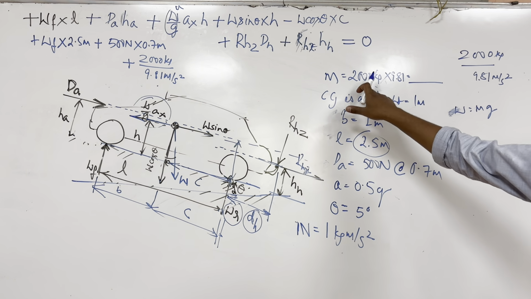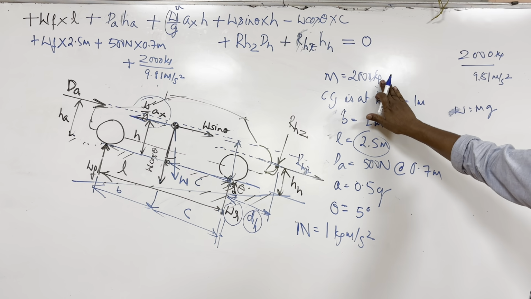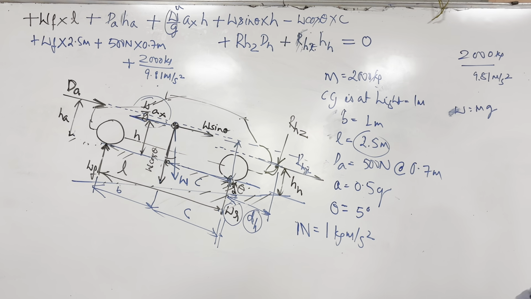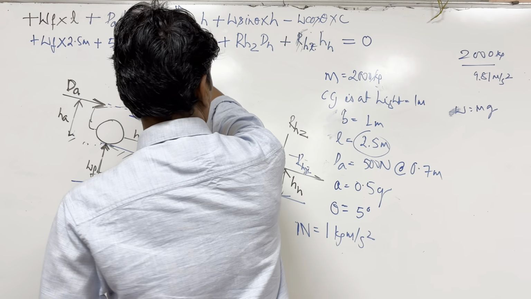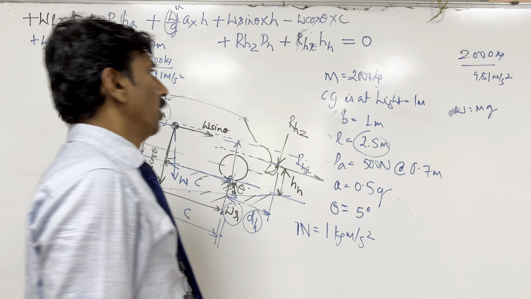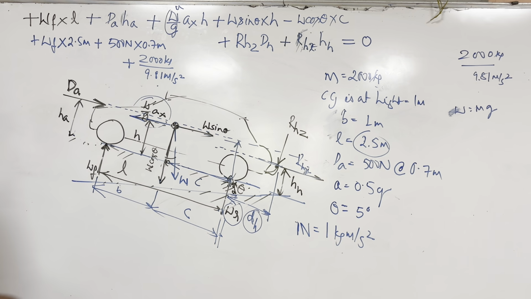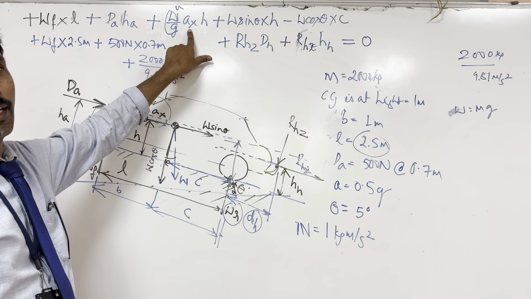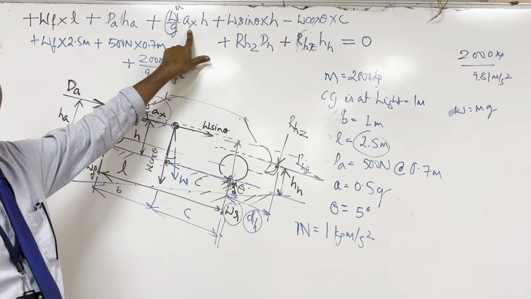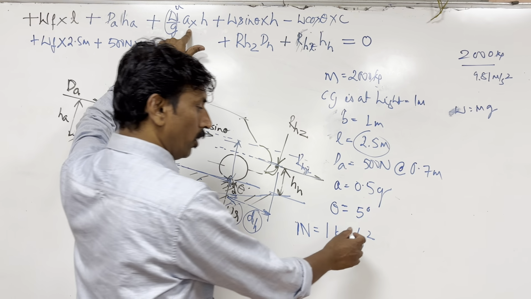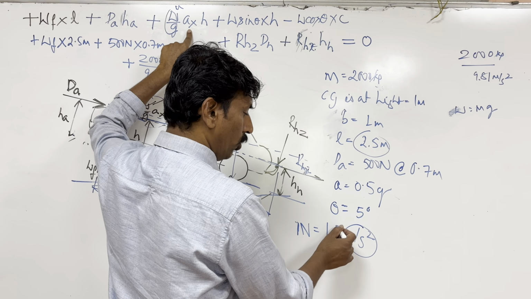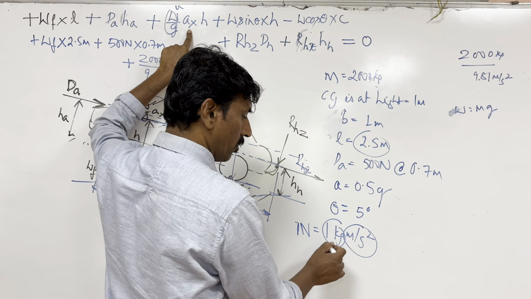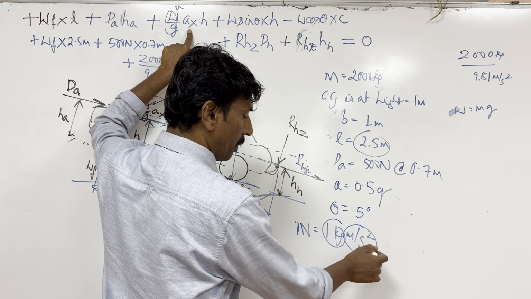So take this directly as mass equal to 2000 kg. Multiplied by acceleration, that gives newtons, because Newton is kg, the mass, multiplied by acceleration in meter per second square.